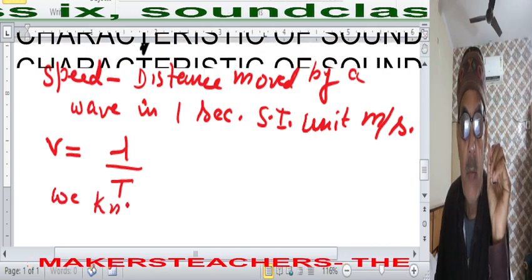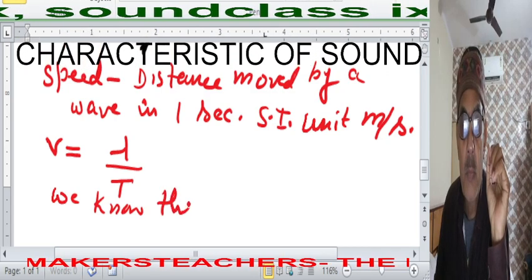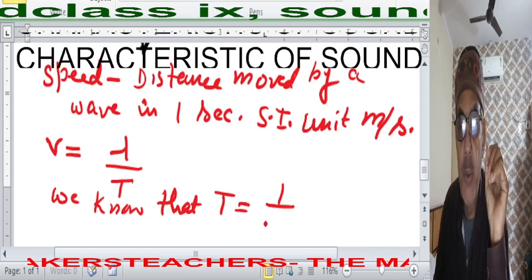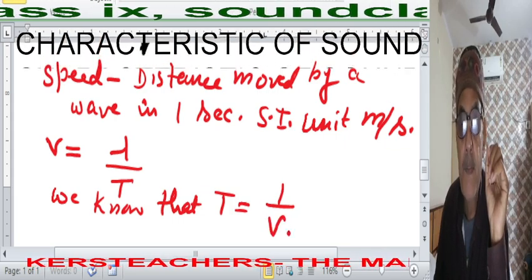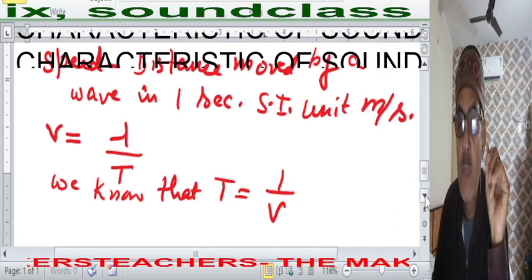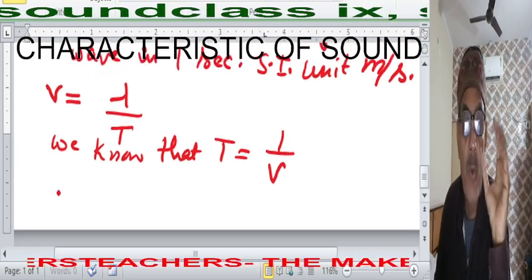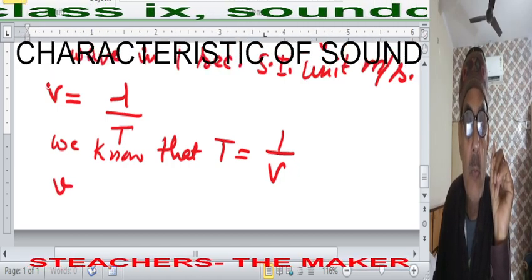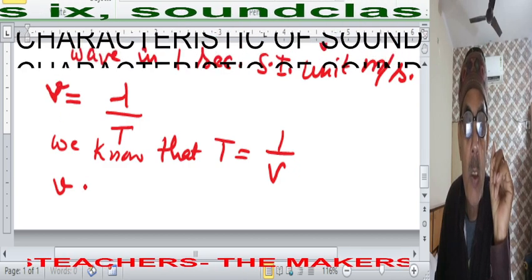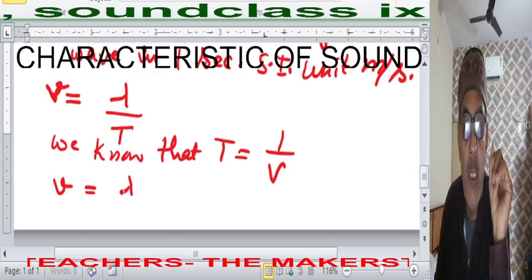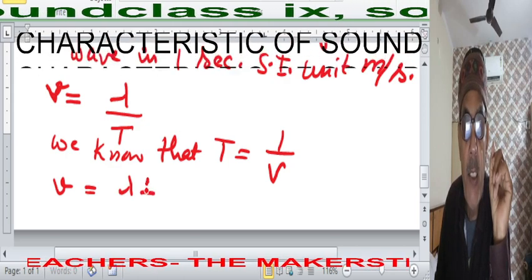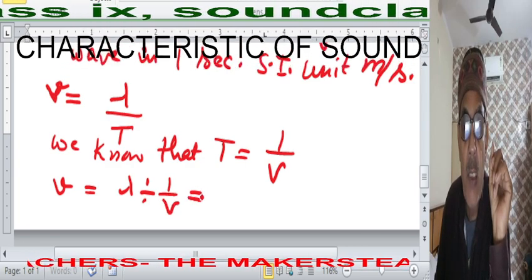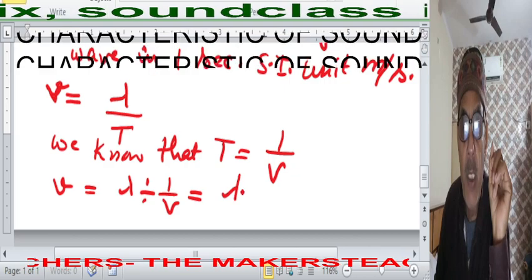We know that t is equal to 1 upon nu. Okay, therefore v is equal to lambda divided by 1 upon nu, and that will become lambda nu.